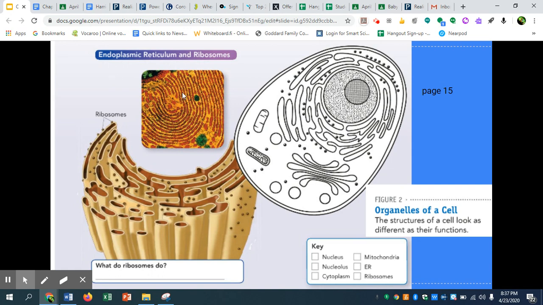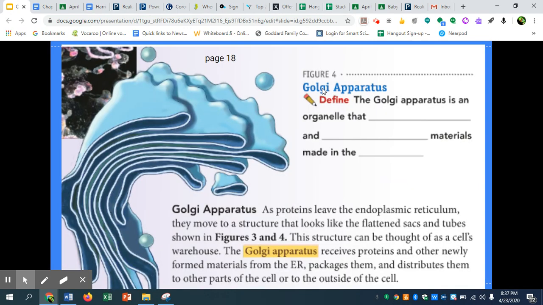Okay, so figure 4, we're going to talk about the Golgi apparatus. So it's like a fill-in. It says the Golgi apparatus is an organelle that blank and blank materials made in the blank. Okay, so just keep that in mind.